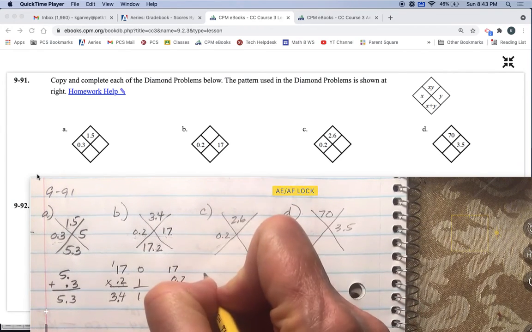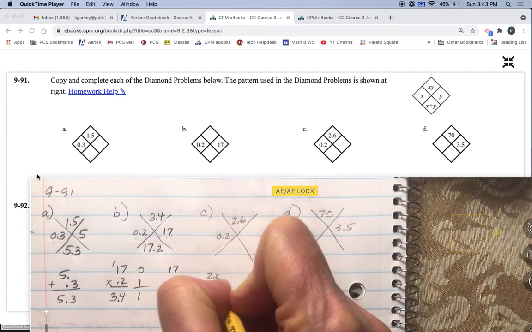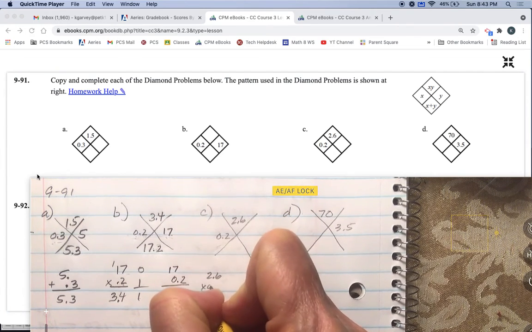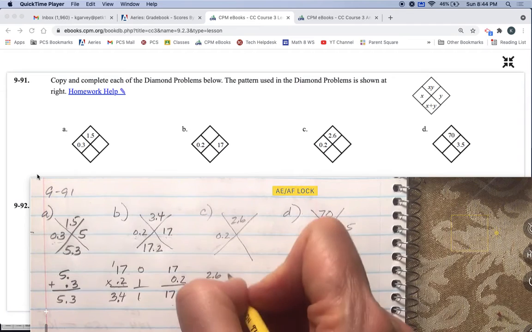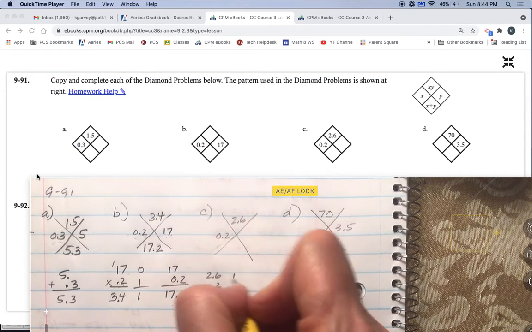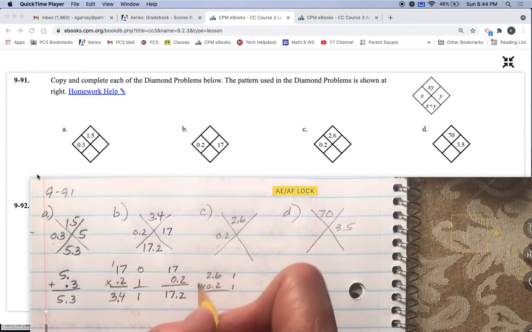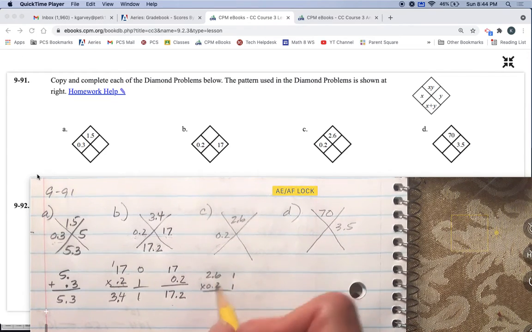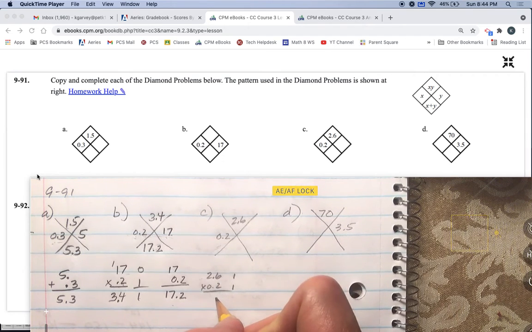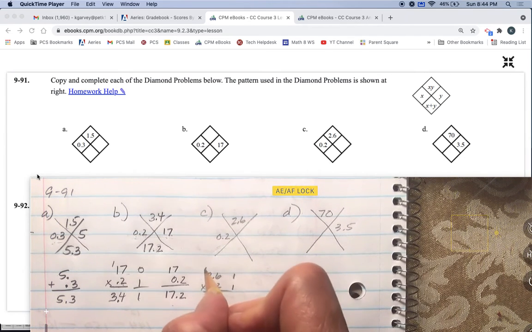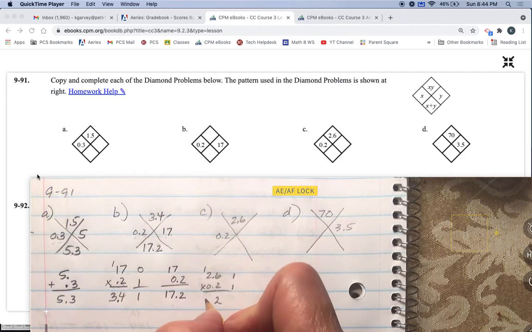This one is 2.6 and 0.2, and in this case we've got 1 number behind the decimal point here and 1 number behind here. So now we just multiply this as if it didn't have any decimal points. 2 times 6 is 12, so 2 carry the 1. 2 times 2 is 4, plus 1 is 5.